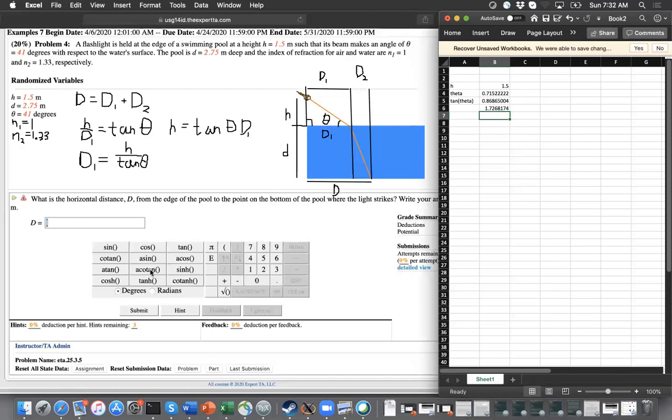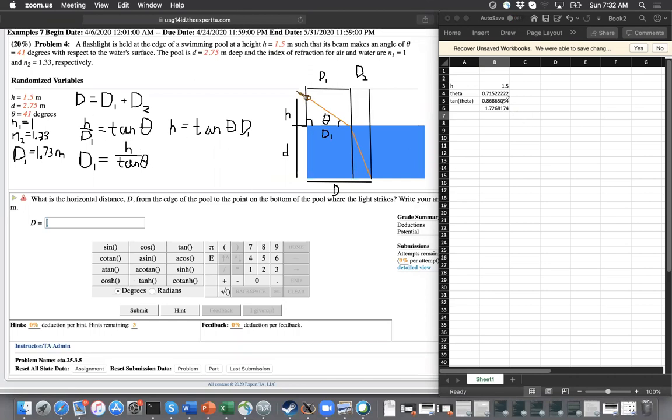So now we have a new thing we know. We now know D1 is about 1.73 meters. Okay, great. We got that.